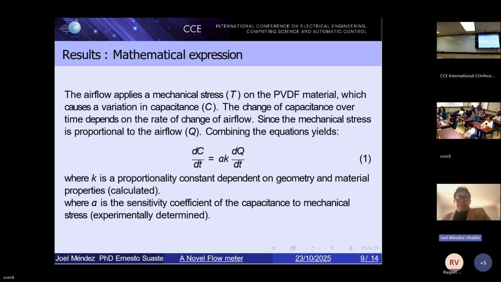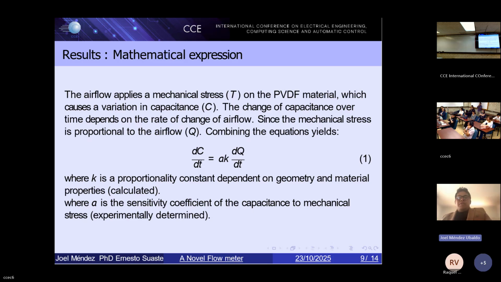Results about the mathematical expression. We have two ideas. The first one, the air force applies a mechanical stress on the PVDF, which causes a variation in capacitance. And the second idea, the change of capacitance over time depends on the rate of change of airflow.